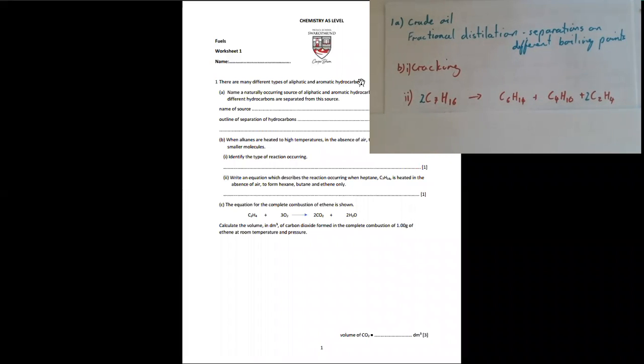Okay, write an equation that describes the reaction that occurs when heptane is heated in the absence of air to form hexane, butane, and ethene. All right, so we've got that in there.